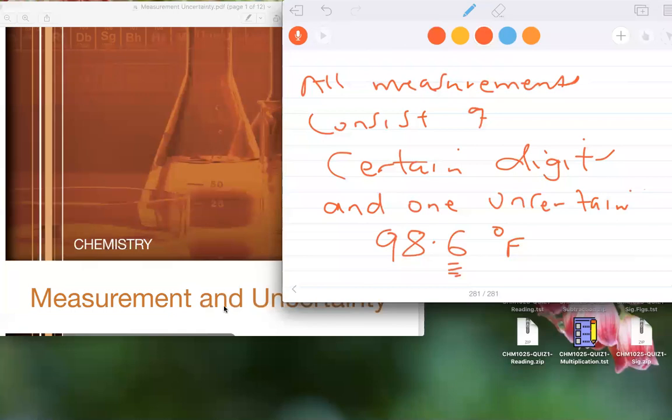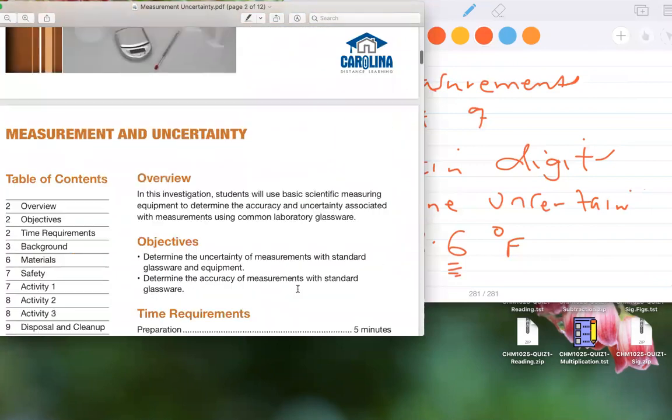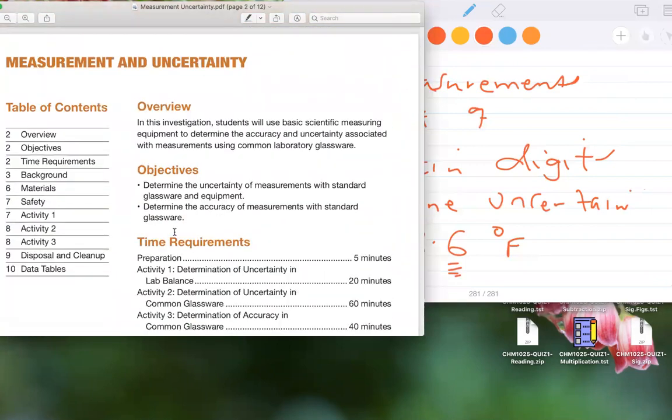So not all instruments will give you the exact or true value. There's some degree of uncertainty, and we'll see today how to report a measurement with the degree of uncertainty. The objective of this lab is to determine the uncertainty with standard glassware.